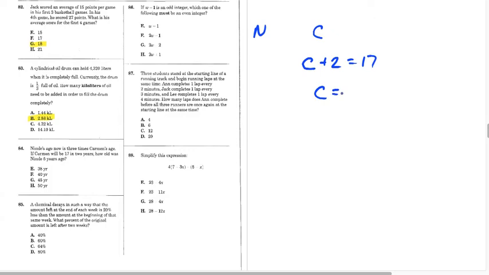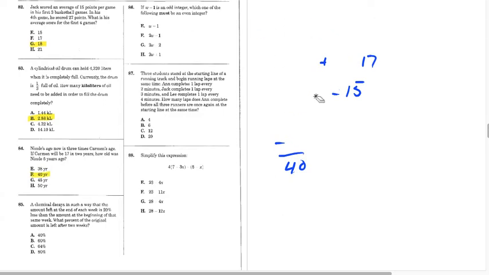So Carmen is 15. Alright. Now, if we plug that back in for n, we know it's going to be 3 times, right? So 3 times 15 is 45. So, who is it? Nicole is 45, but no, she's not 45. It says 5 years ago, so we have to subtract 5, which is 40. So our answer is F for 40.